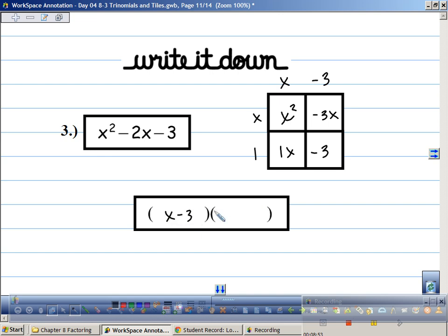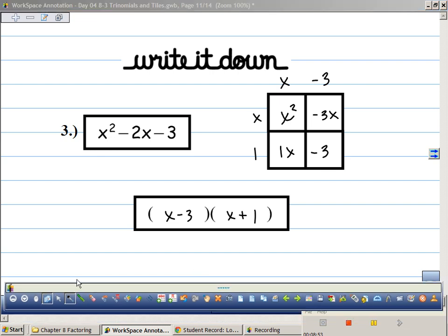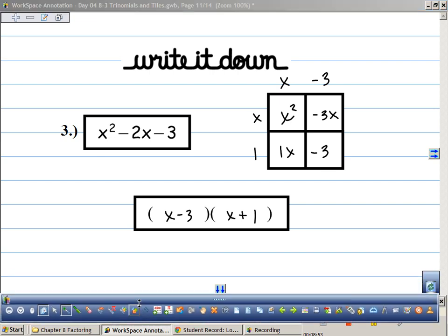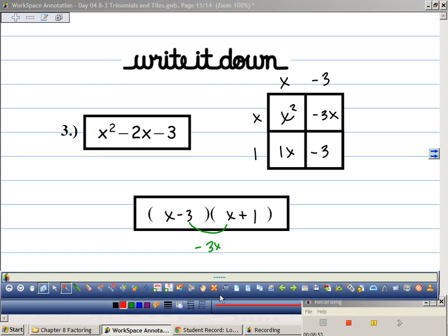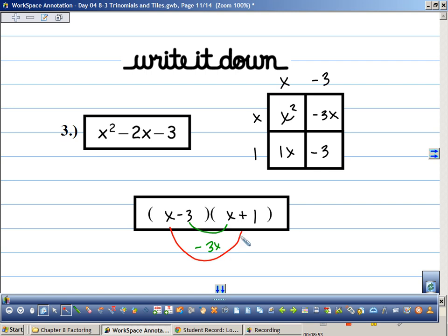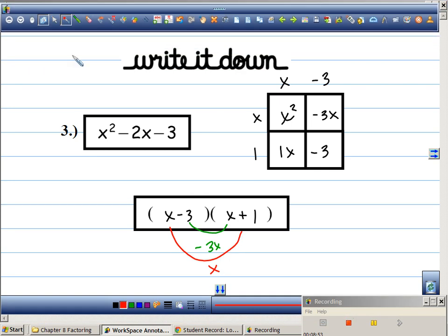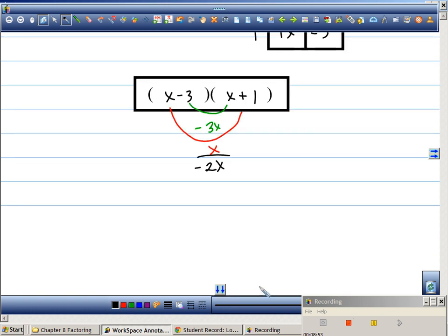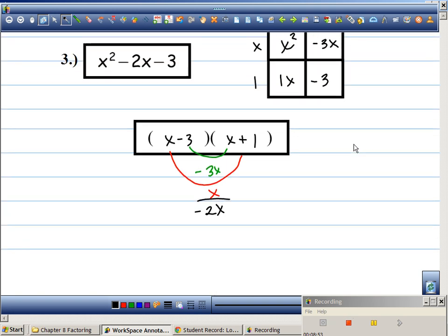X minus 3, x plus 1. Negative 3x plus positive x makes negative 2x, which works.